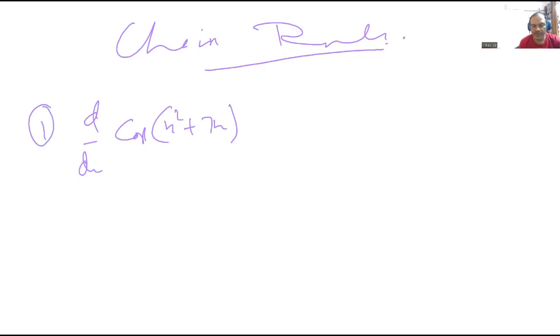Now here in this question, what you can do is you first differentiate in accordance with the cos. Now we know that there is a parent form. Parent form is cos x. We know that dy dx of cos x gives you minus sin x.